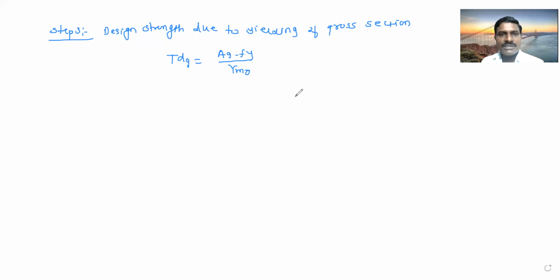Here the size of the plate is given, so simply you can calculate the gross area. 180 by 20 is the gross area, correct? So 180 by 20 into Fy, given as 250, divided by gamma m naught.